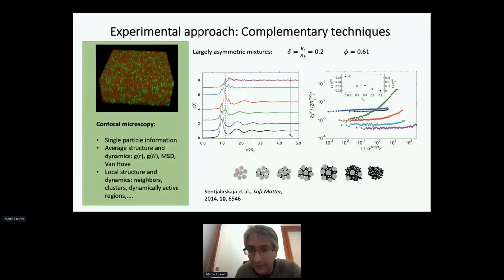The large particles first form a glass which is characterized by caging by other large particles, but then this cage transforms to a cage of small particles at high fractions. And you see this not only in the structure, but also in the size of the localization length that you can extract from the mean square displacements.